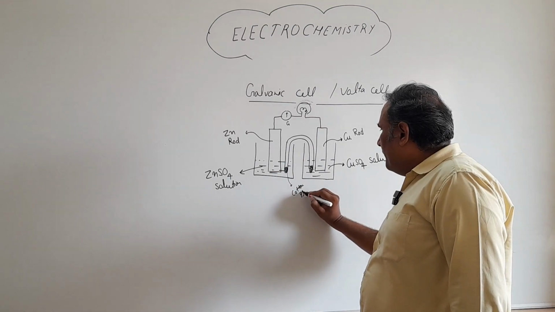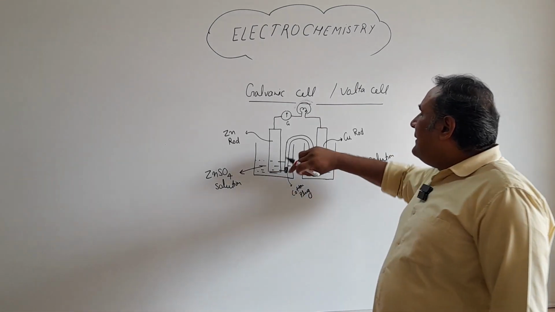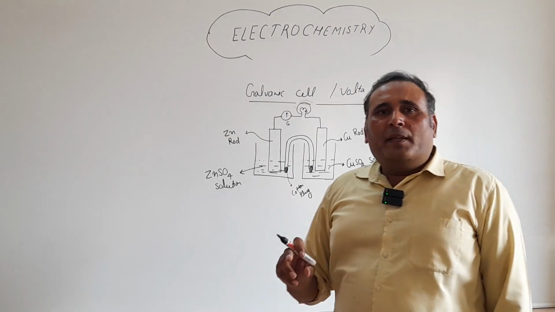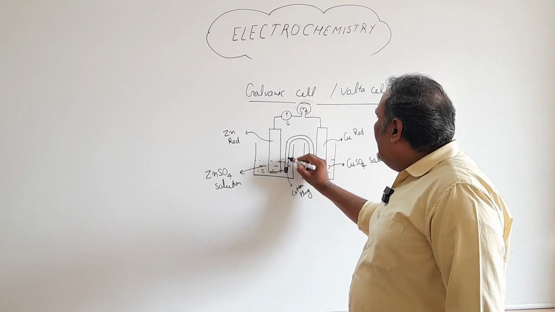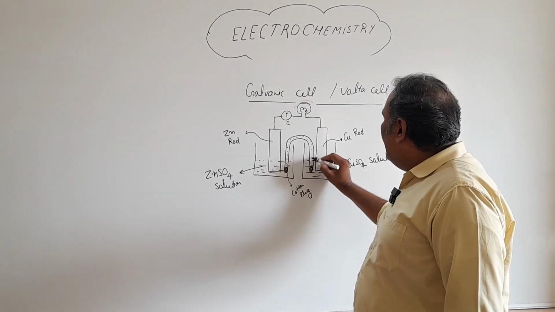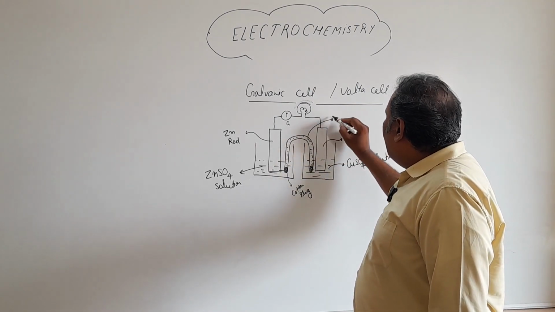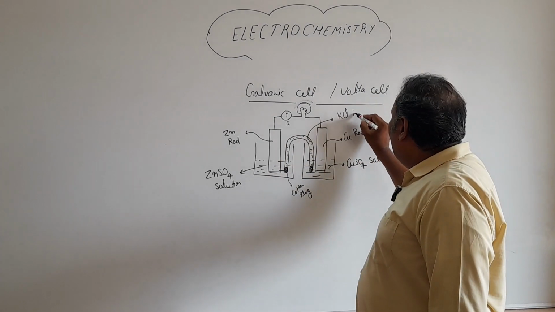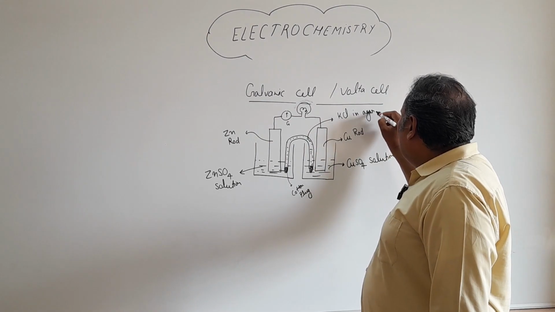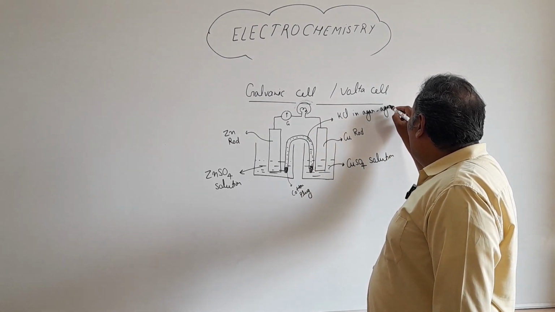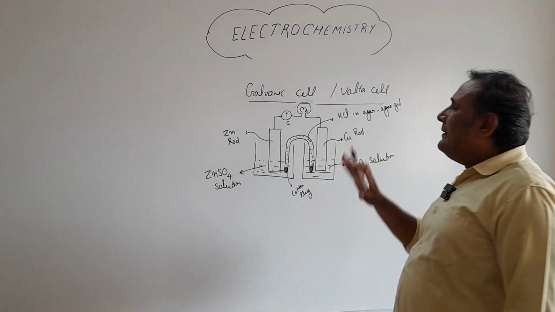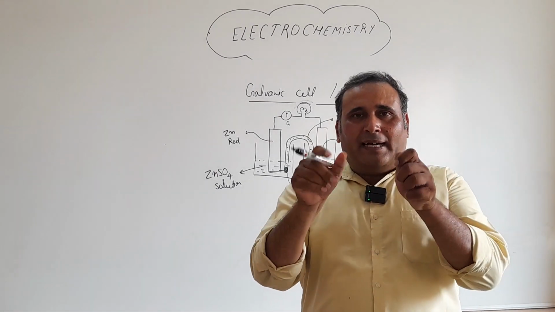And this U-shaped glass tube is filled with KCl, potassium chloride, in agar-agar gel.